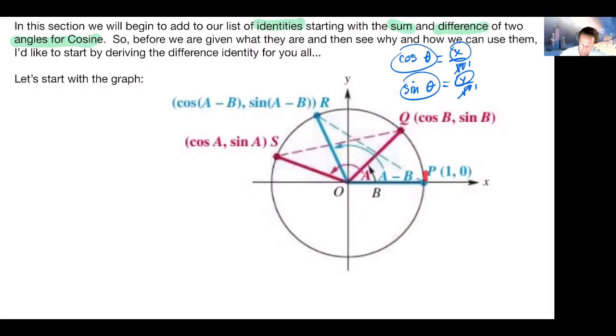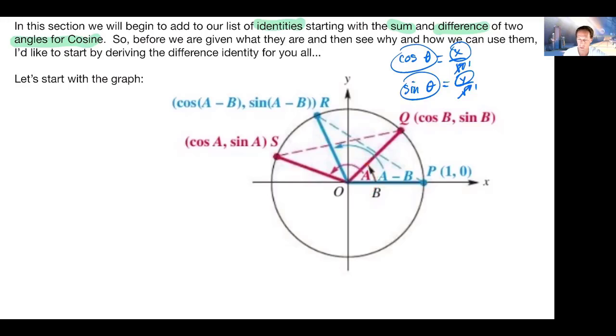Well, then if that right there to get to that point Q is how we're going to denote this specific angle, which we're going to call B, then this angle right here, which makes up that arc to get to this point Q, we know that the x value would be equivalent to cosine of that angle B. And so this would be the x, and same thing for the y value, that would be the sine of that particular angle, which we are calling B.